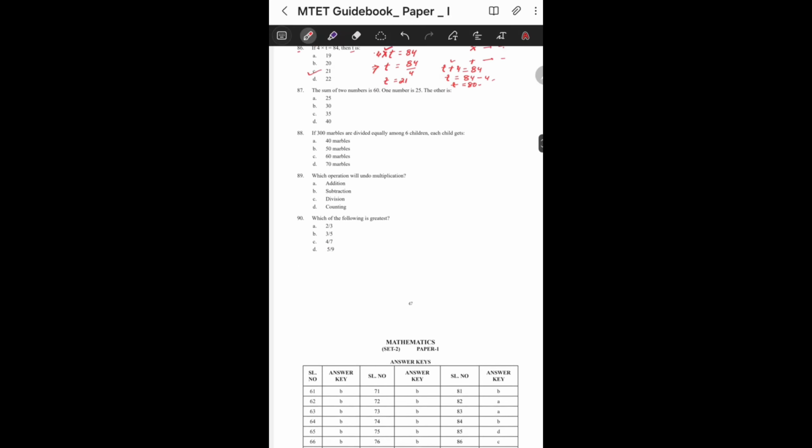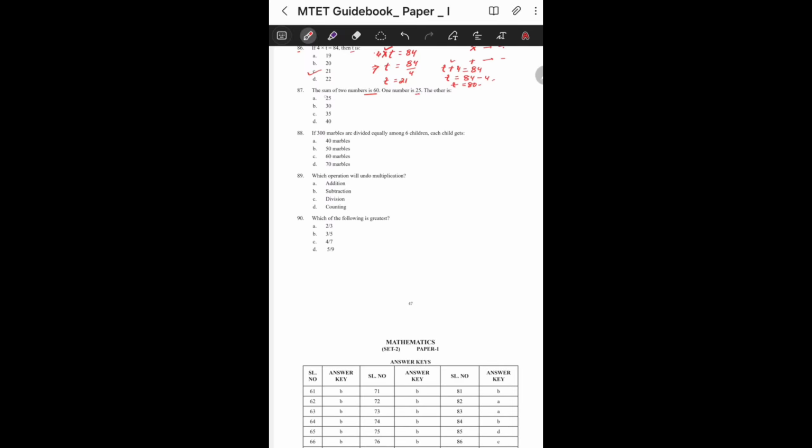Let's check the next question here. It is 87. They ask, the sum of two numbers is 60. One number is 25. The other is? Again the same question they have given here. What we solved earlier, it is the same concept.